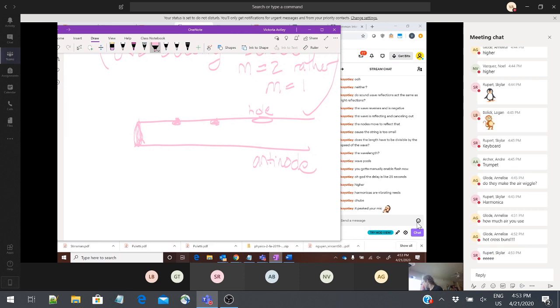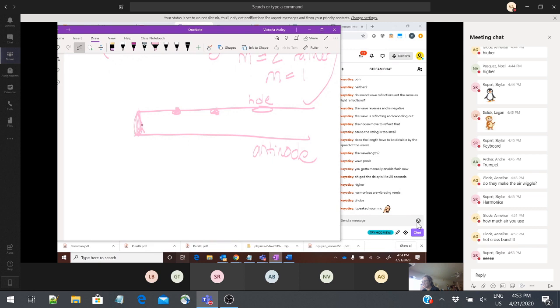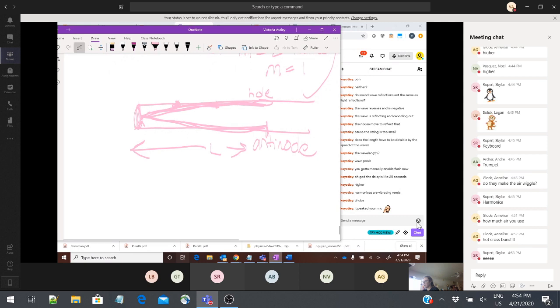My tin whistle might be a lower key. I should grab that one. So this forces essentially this wave pattern. This is our L, from the mouthpiece to the hole.